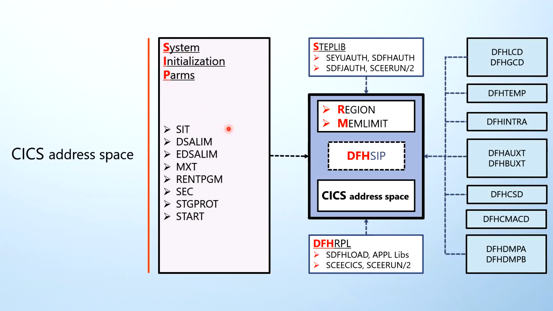There are multiple SIT parameters which are provided to the DFHSIP program, which is mentioned in your region JCL, and it takes all these parameters into consideration and builds up your region.